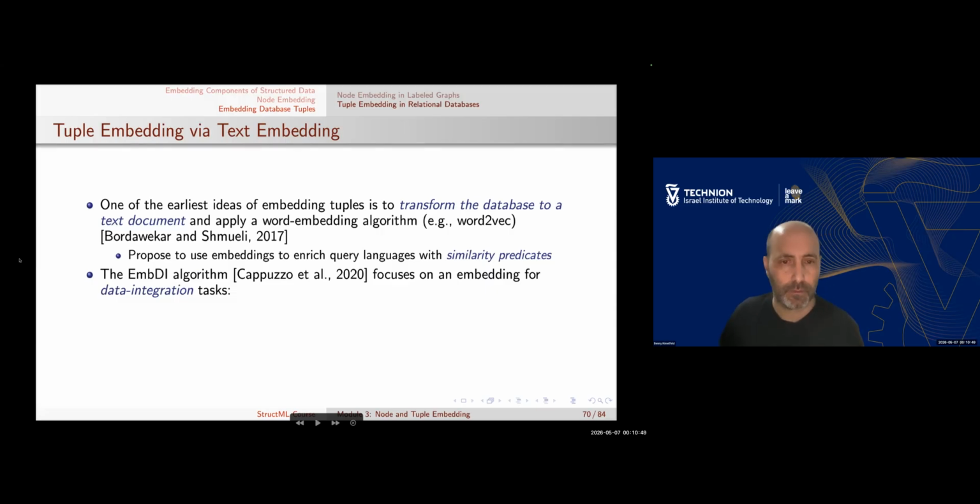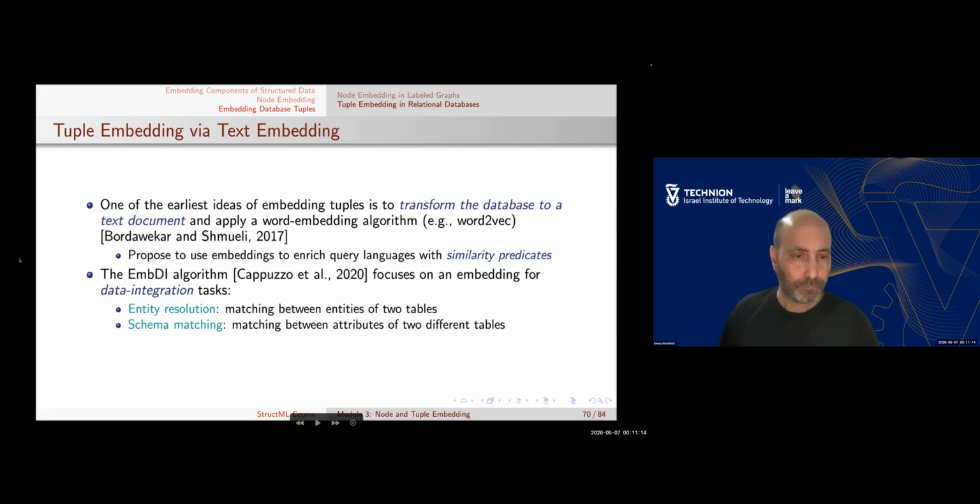Using the embeddings. Here's another approach that basically focuses on embedding for tasks that involve data integration, specifically entity resolution. You have two tables and you want to match between their entities, like people and customers.